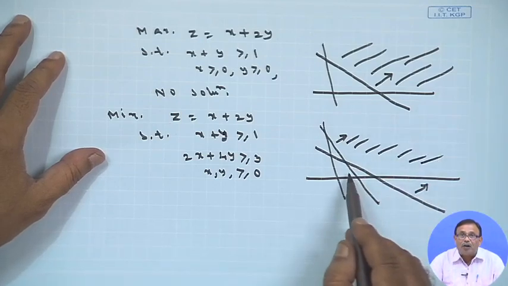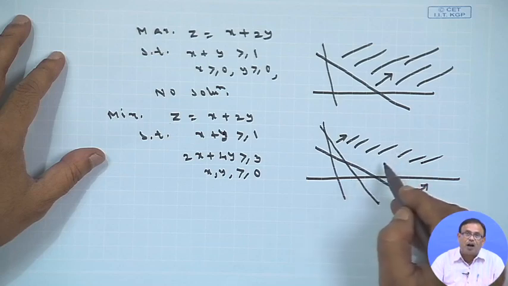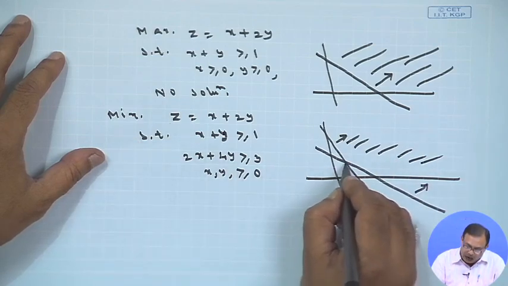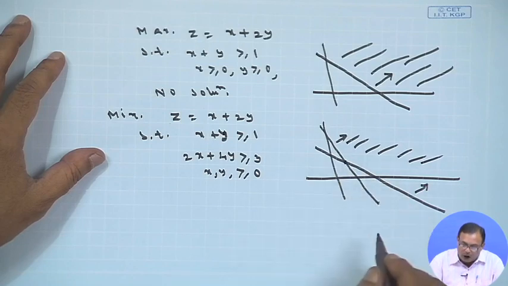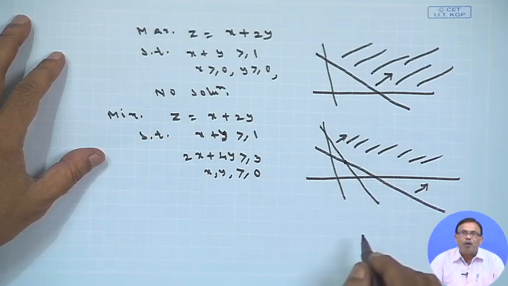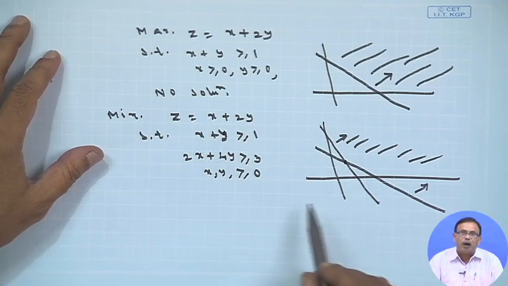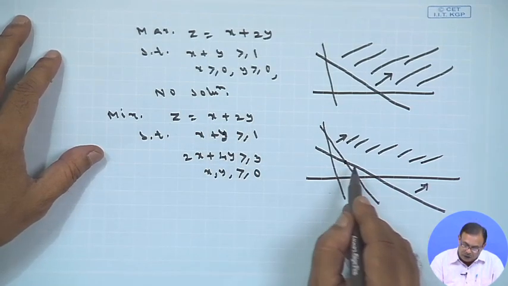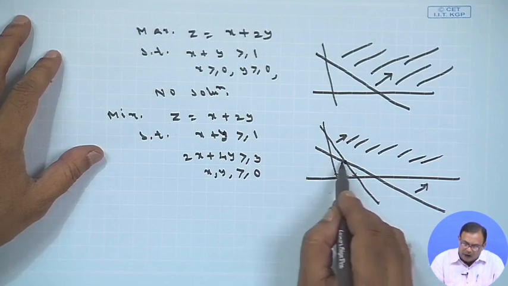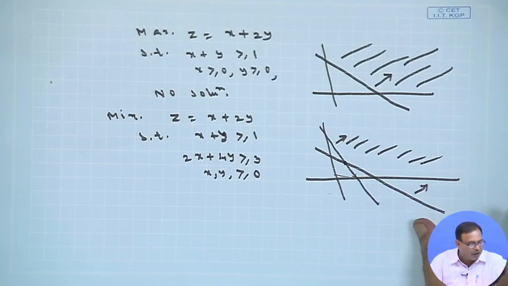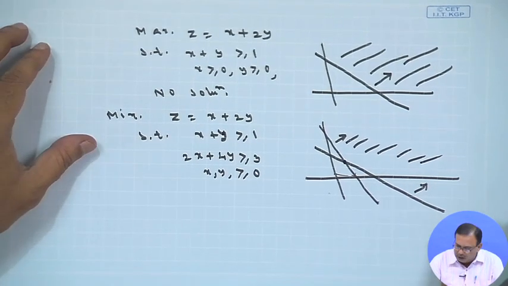But here, although the feasible region is unbounded and this is a minimization problem, at this point you can obtain the minimum value, and this is possible only because A, B, X, Y are all greater than or equal to 0. So, at one of these points you will get the minimum value of the objective function, but in the other cases you will not obtain this value.